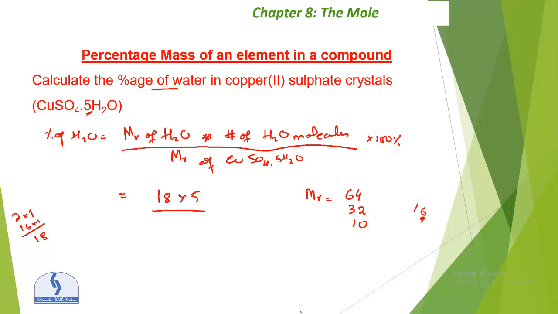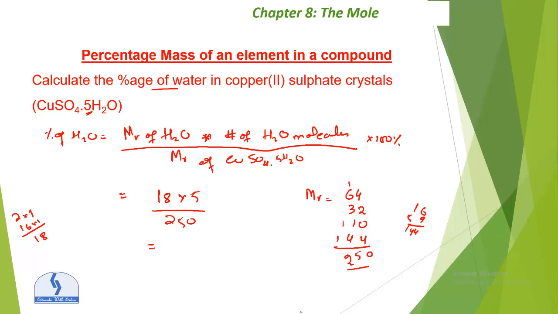So 16 multiplied by 9 is 144. So adding 64 plus 32 plus 10 plus 144, this will be 250.